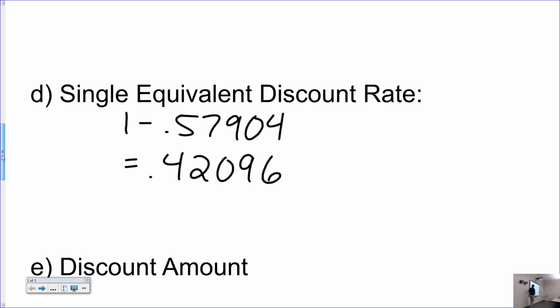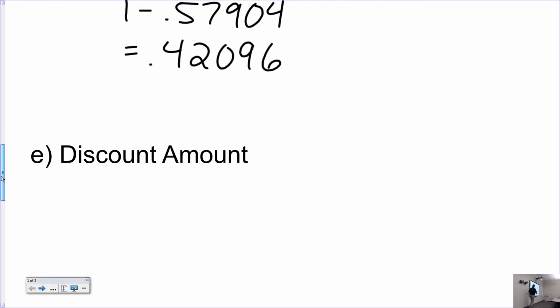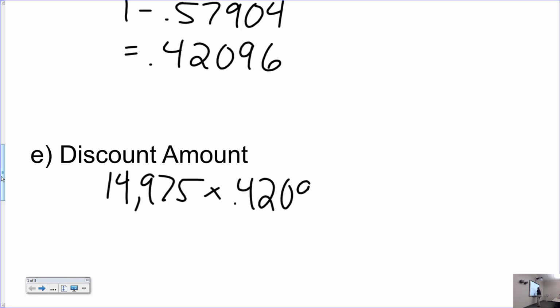So one way to calculate it is take the list price, 14,975, times the 0.42096. So remember, yes, you always go back to the list price if you're going to do the multiplication.